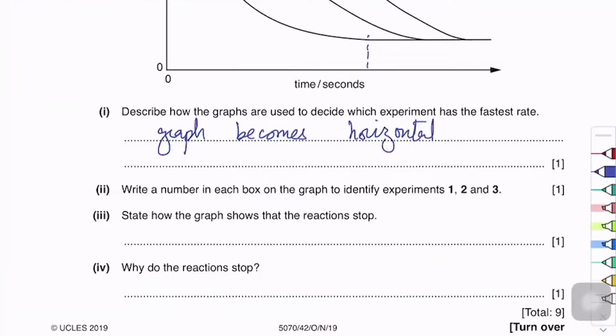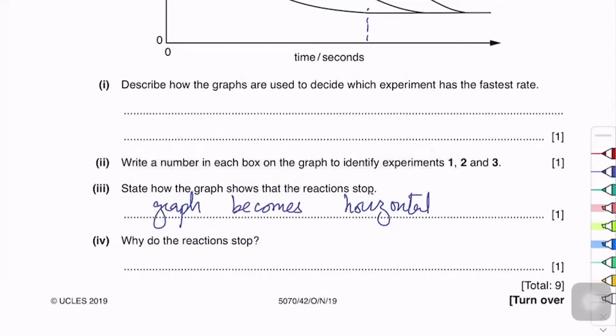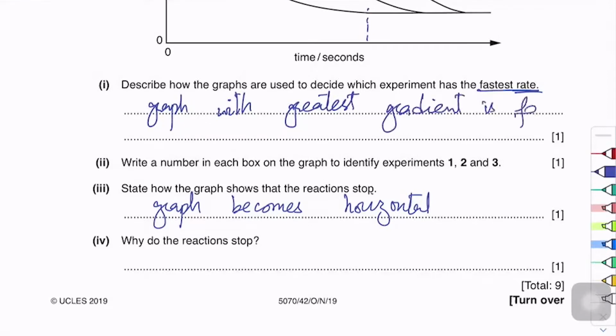Wait a minute, this shows that the reaction stops, but not the rate. Interesting. So, describe how the graphs are used to decide. Obviously I'll look at the gradient. So the fastest rate is the graph with the greatest or highest gradient.